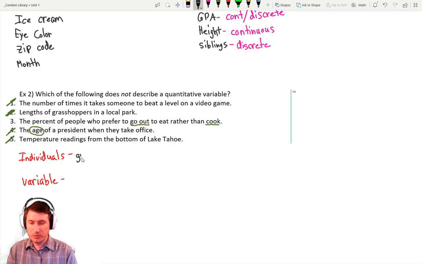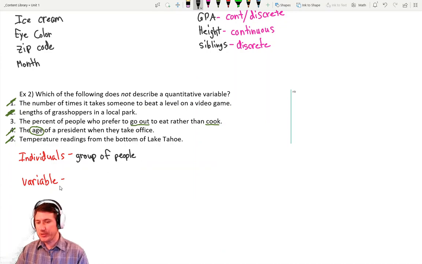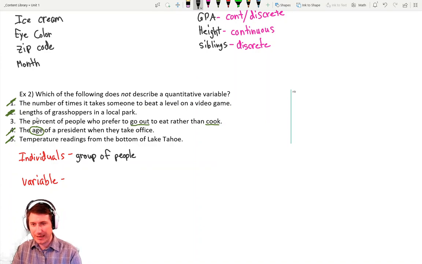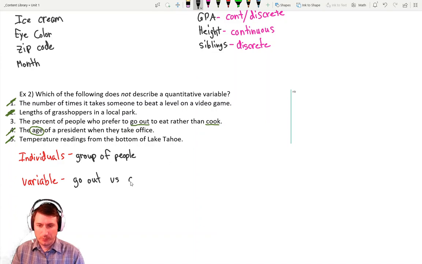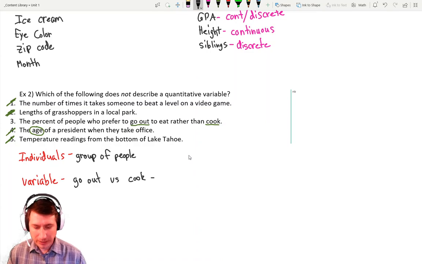It doesn't really say who, but there is a group of people we are asking. Those are our individuals. Now, what are we asking? And here's where the key comes. We are not asking them about a percent. We are asking them, would you rather go out to eat versus cook at home?